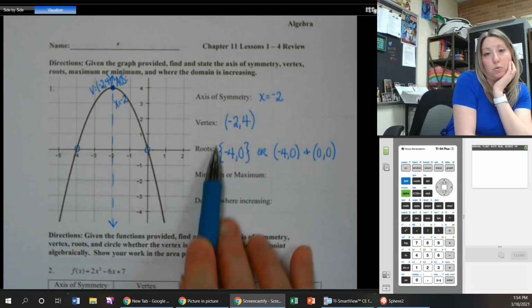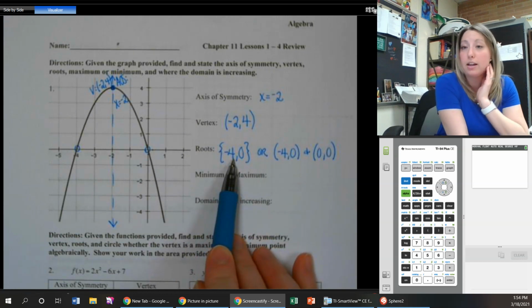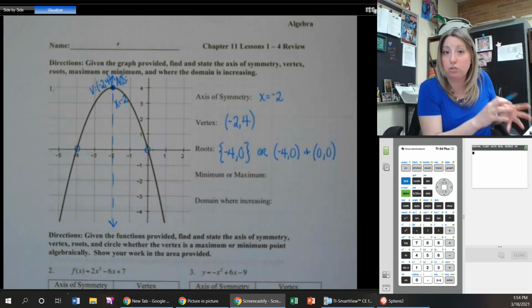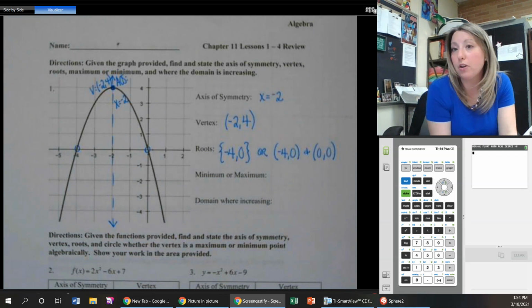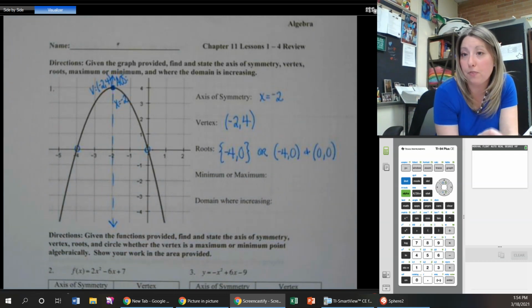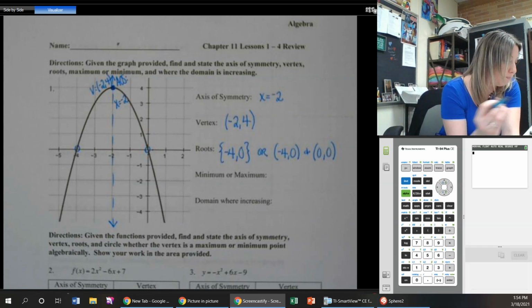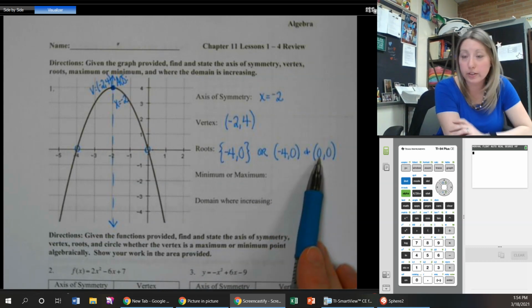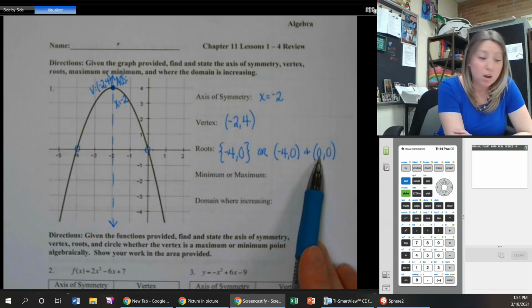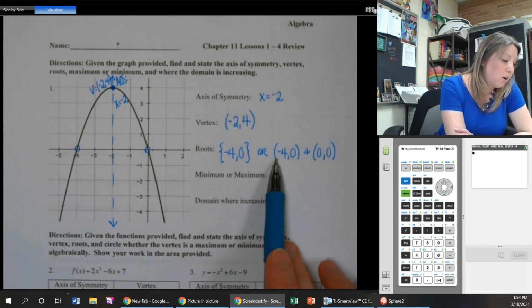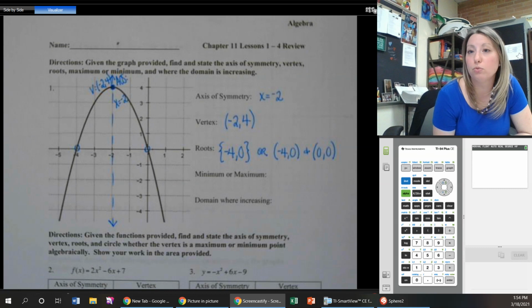Now, we listed the roots this way in chapter 8 and 10, so I want to make sure you understand that when we were solving quadratic equations, we were finding the roots. We were finding where they touched or crossed the x-axis. Those, of course, are at points where the y value is 0. So when y is 0, those x values indicate the roots for that parabola.